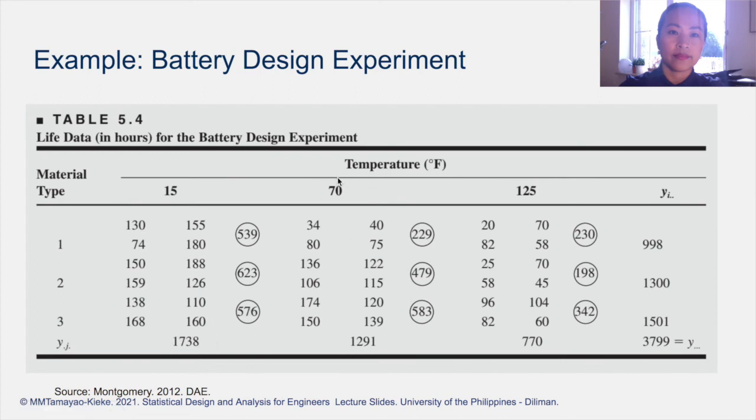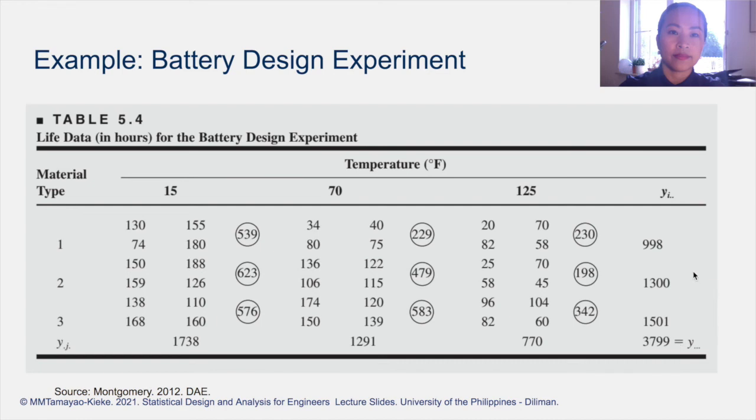And for 125, you have 770. And then y i dot dot is the sum of all observations under each level of material type. So 998 is the sum of all these observations here. So that's 12 observations and so on. And of course, y dot dot dot is the grand total, the total of all the observations.